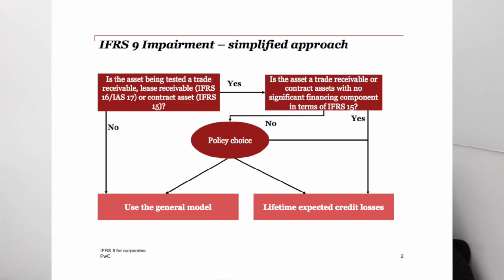For those trade receivables that do have a significant financing component, then an entity has a policy choice. It can either use a simplified approach, lifetime loss throughout, or it can use a general model and do a significant increase in credit risk that pushes you into lifetime loss. That policy choice has to be made for all trade receivables together.